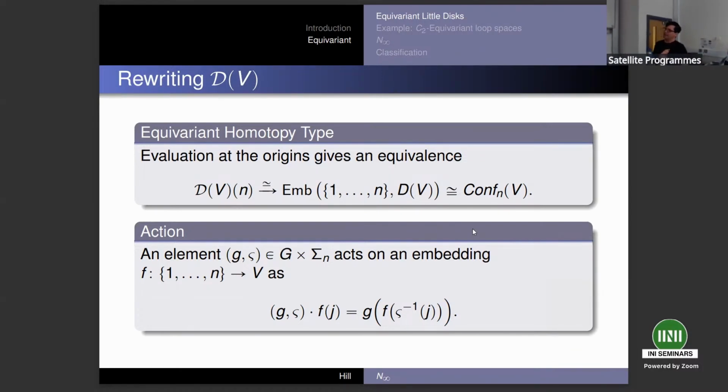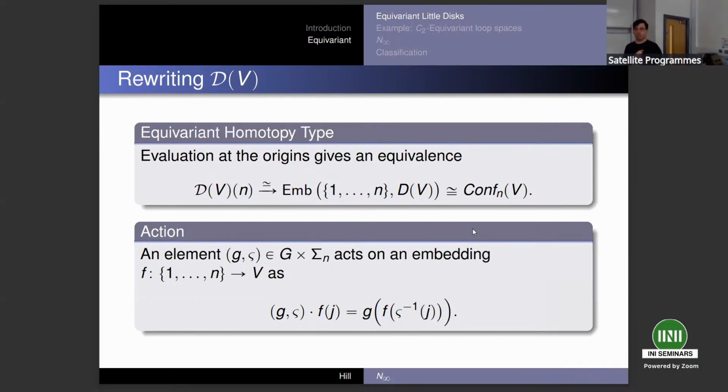So I want to spell that out a little: if you give me a pair (g, sigma) sitting inside G cross sigma n, then the way it acts on an embedding is by this kind of conjugation action. I act by permuting the input coordinates using sigma, and then I post-compose with multiplication by g. If you've seen this, it's awfully like the way I put a group action on the set of all non-equivariant maps.